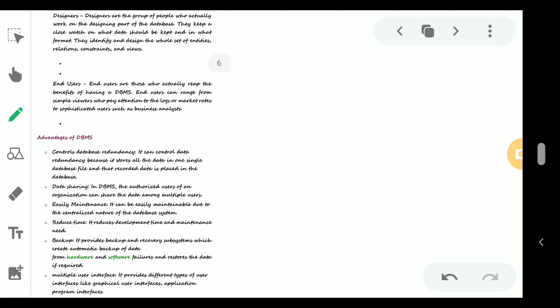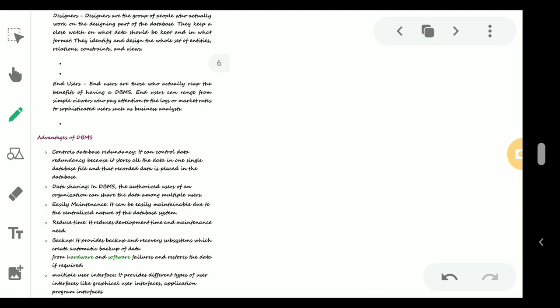Now coming to the advantages. End user I have already explained, so now it is the advantages of DBMS. We have seen the limitations we found in the file processing system, and that led to the invention of the DBMS.